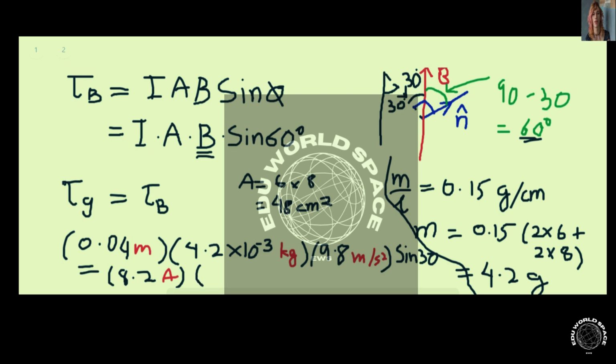In other words, this is just 48 times 10 to the minus 4 meter squared. And then I have the magnetic field, which is the quantity I'm trying to solve for.